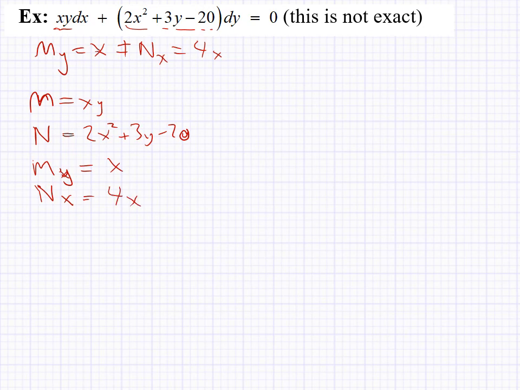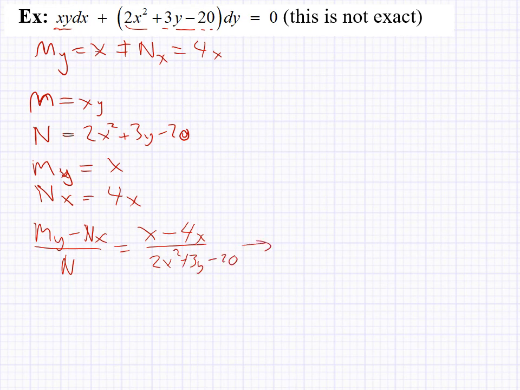And then I look at that formula, where we're looking at (My minus Nx) all over N. What you see here is that My would be x minus Nx, which would be 4x, all over N, which would be 2x squared plus 3y minus 20. That is not a function of x alone.